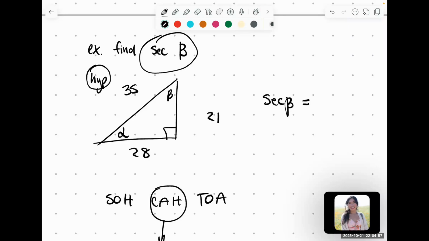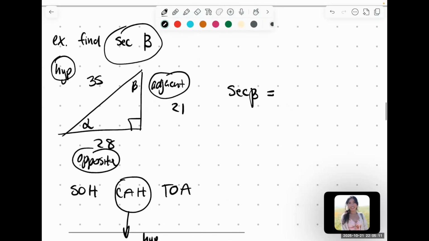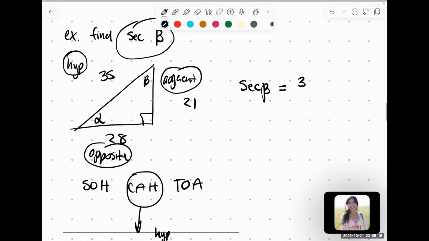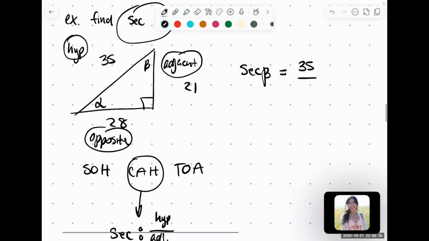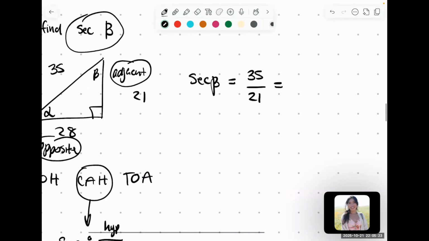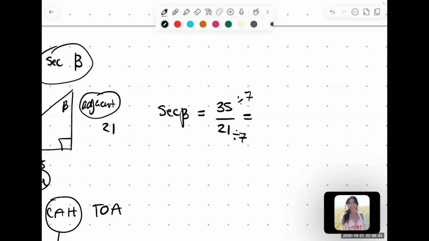So we're going to go opposite to that, and this one is going to be our opposite, and this one's going to be our adjacent. So circle them to make it easier to read. And then we're going to do our hypotenuse 35 over our adjacent, which is 21. I'm pretty sure both of these can be divided by 7, and that will get you 5 over 3. That's it.